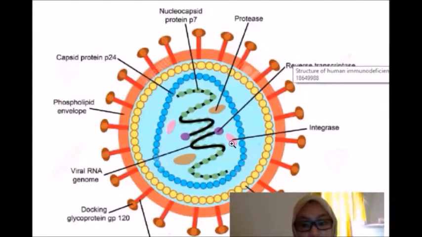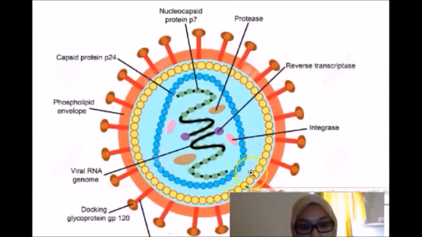As for the matrix, it is composed of viral protein P17. This is the matrix protein, the yellow one. The matrix protein P17 surrounds the capsid. It is to ensure the integrity of the virion particle.